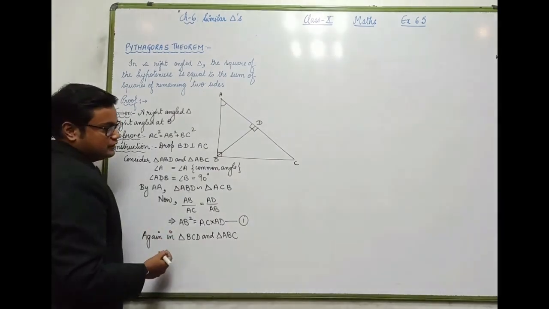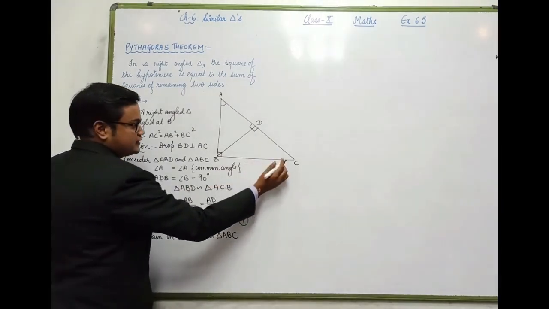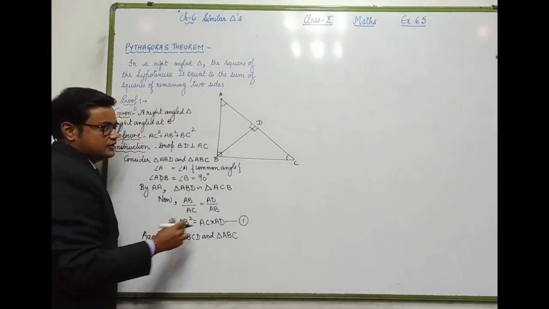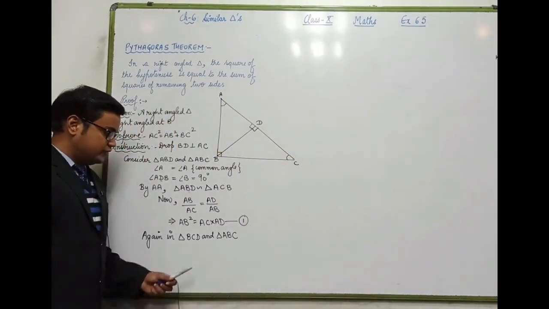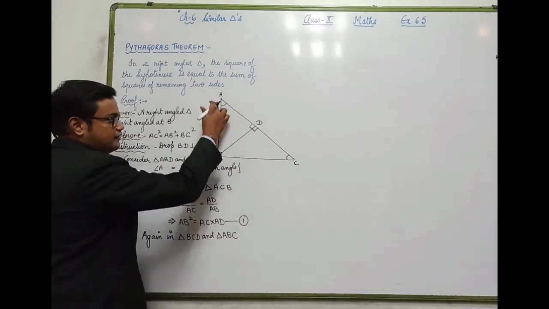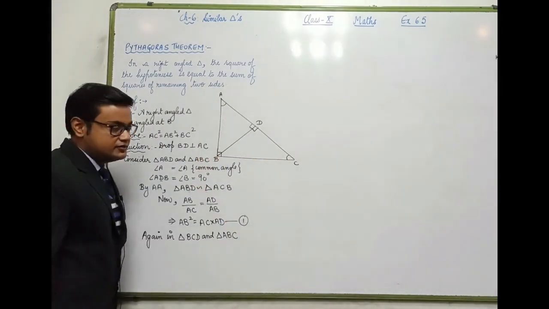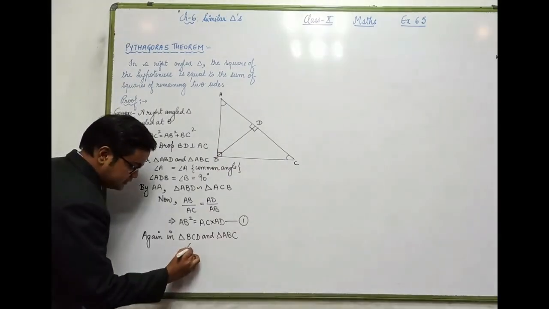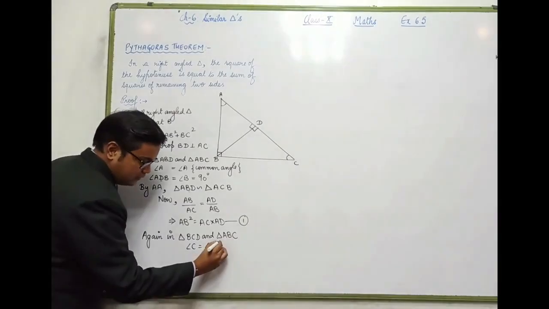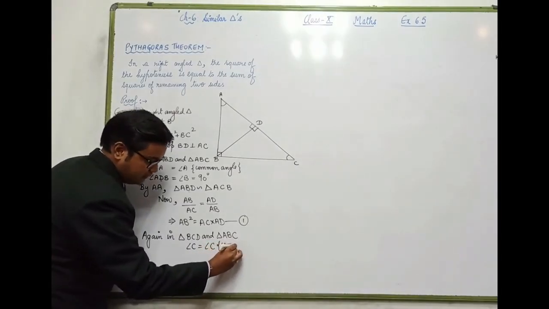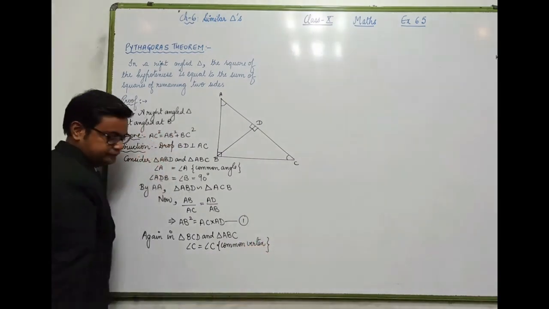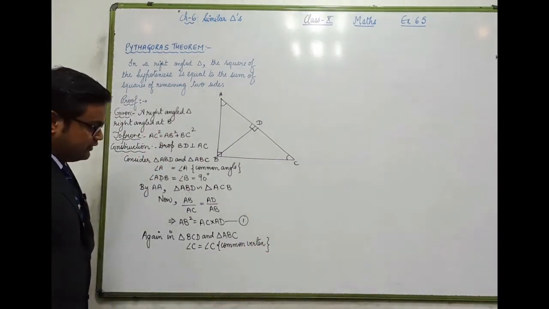Can they be shown similar? Let us see. Like angle A was common between the previous two triangles, angle C is also common between these two triangles, right? BCD contains C and ABC also contains C. So angle C of this triangle is equal to angle C of that triangle, common vertex or common angle. So the measures will be equal, right?